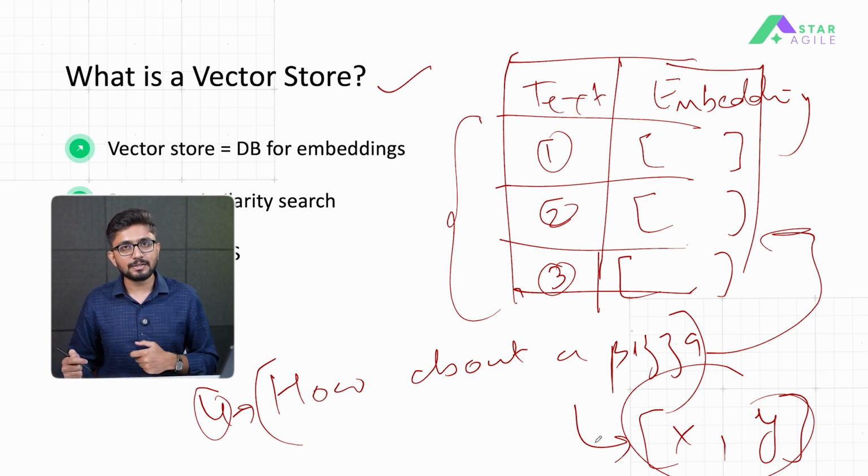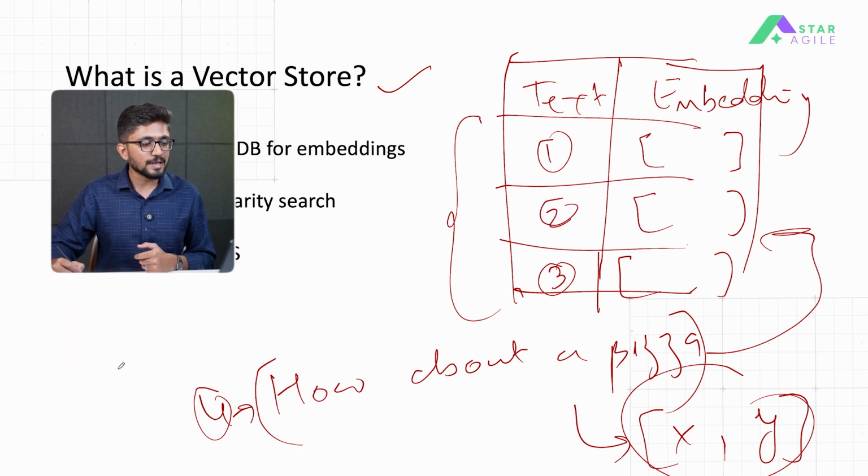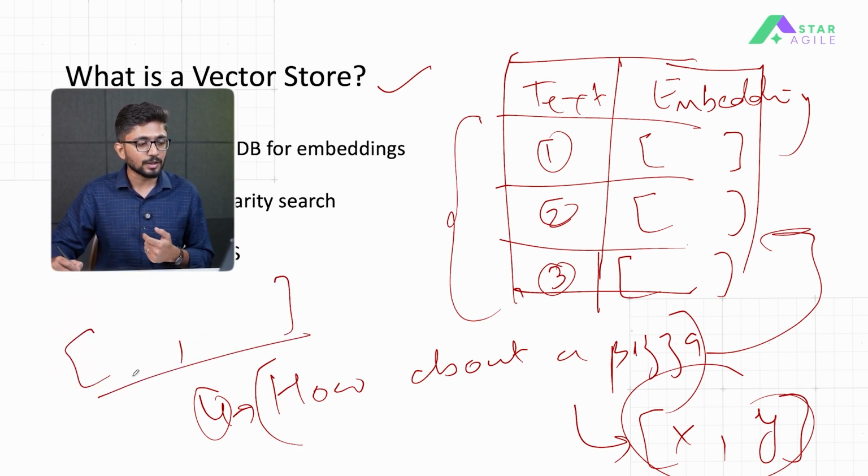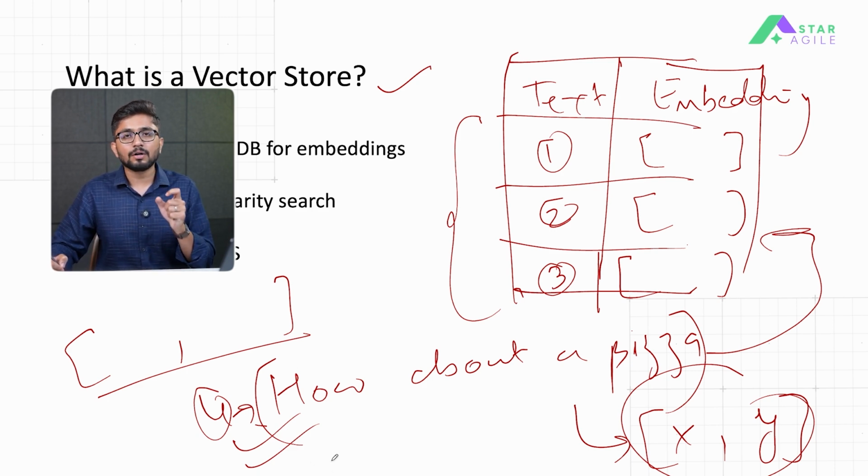Once the similarity search is done, we get the list of vectors most similar to the query, or in other words, the text from the original vector store which is similar to the query we provided. This concept is the building block of retrieval augmented generation. How it is used in RAG, we will cover in the next module.